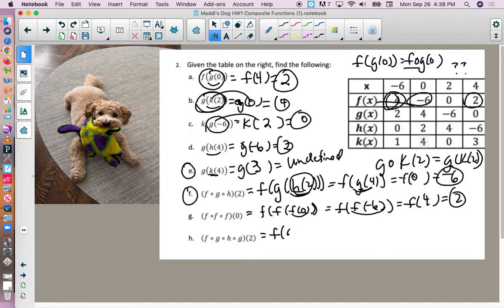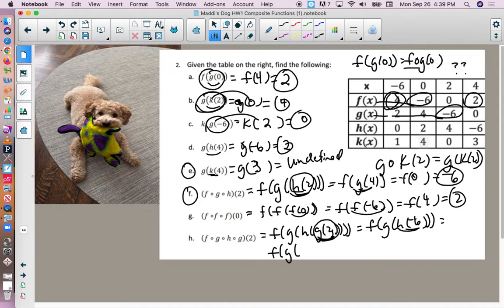This one is an F of G of H of G of 2. So let's work it from the inside out. Let's start with G of 2, and we'll put that into F of G of H of G of 2. G of 2 is negative 6. So what's next? Come from the inside.